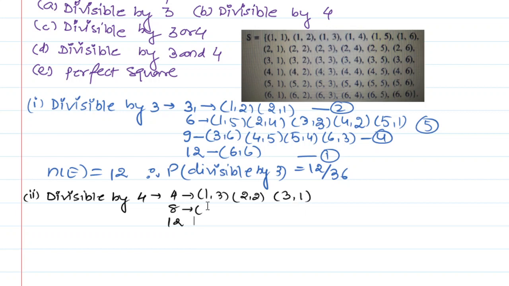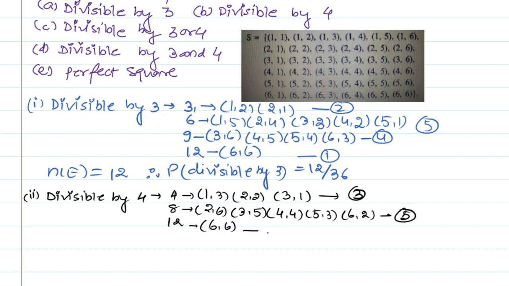What about 8? It is 2 comma 6, 3 comma 5, 4 comma 4, 5 comma 3, 6 comma 2. And 12, I have only one possibility, that is 6 comma 6. So total number of ways in which I can get the sum as 4 is 3, as 8 is 5 and as 12 is 1.